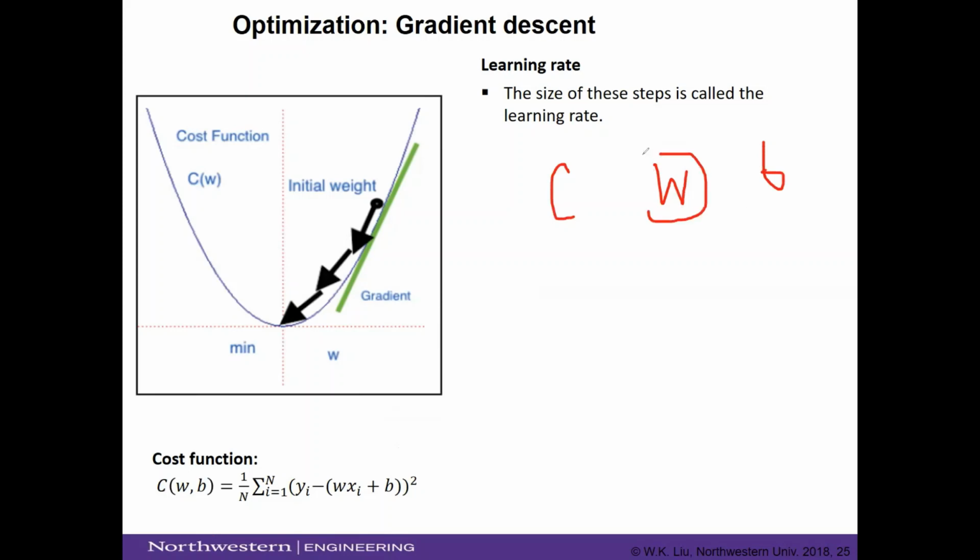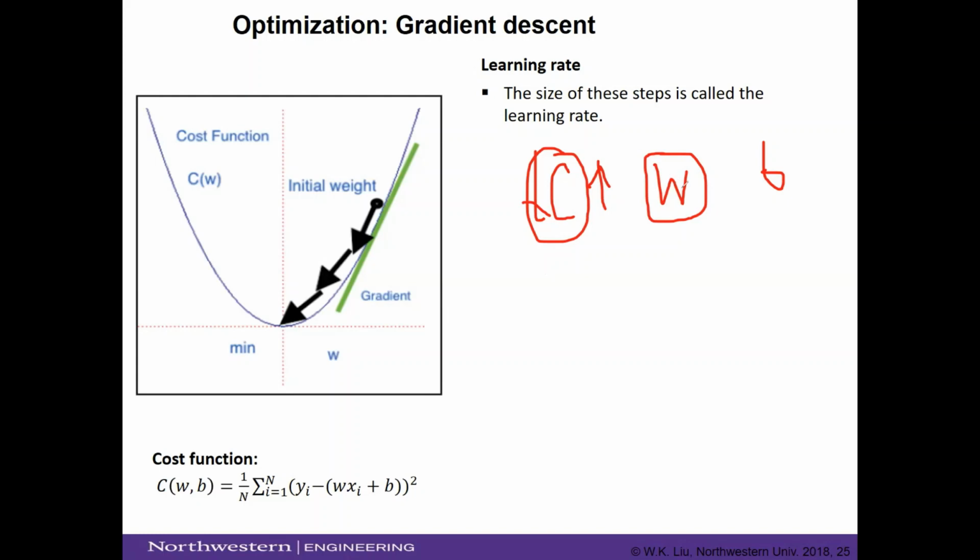If we change the value of W, the cost function can either go big or go small. Our target is to make this as small as possible. We want to minimize this cost function, the difference between our original value and our predicted value.